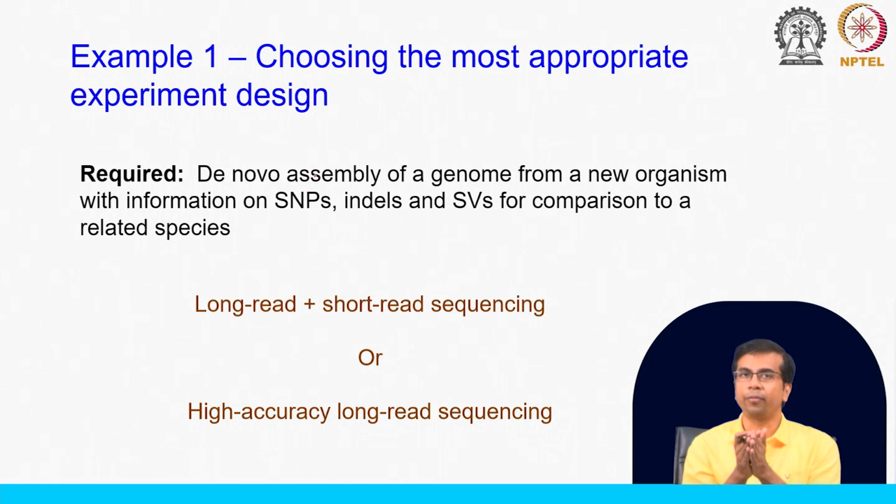So, they will be more useful for this single nucleotide polymorphism study or indel study. So, this is one solution. The other solution, if you have access to high accuracy long read sequencing, as we have talked about, for example, HiFi reads in SMRT or the consensus sequencing in nanopore technology, is the other option.